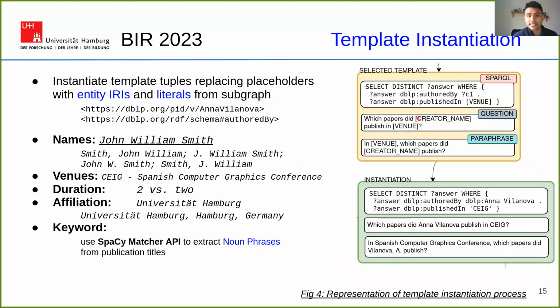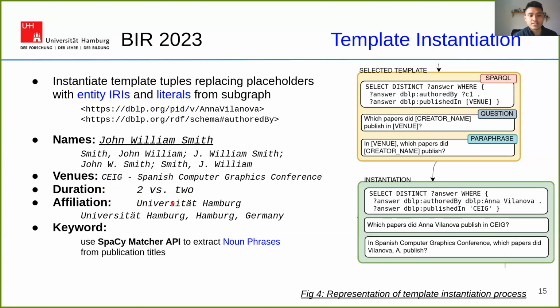So we replace the placeholders with the entity IRIs and literals extracted from the subgraph. In addition, we also perform some augmentation for the names, where we generate different variations of the same name. We also use either the short form or the full form of the venues. There are also temporal questions in the dataset, for which we use either the numeric or the textual representation for duration.